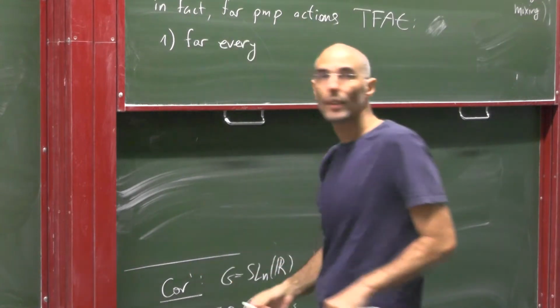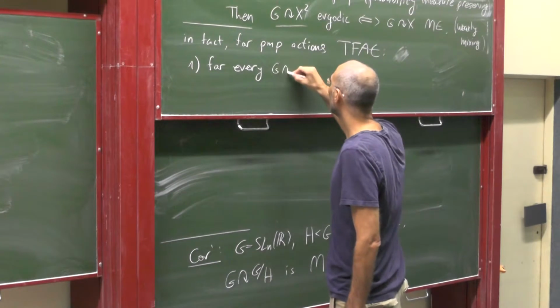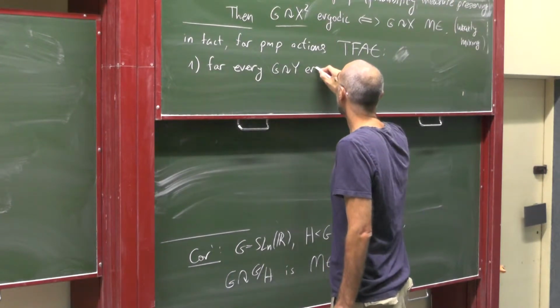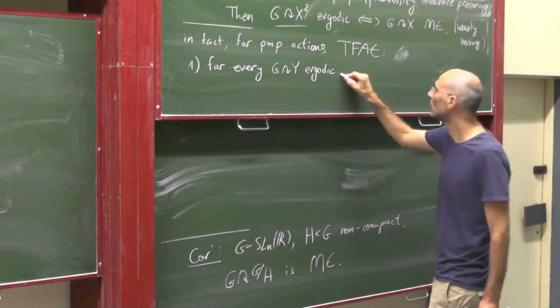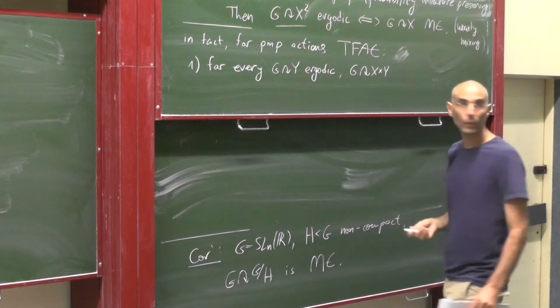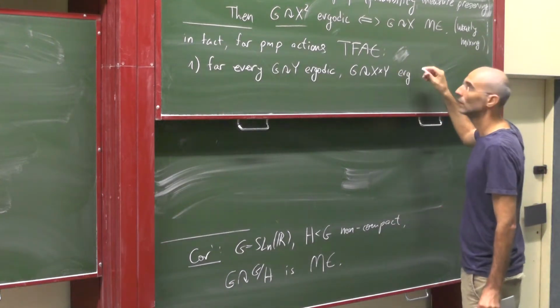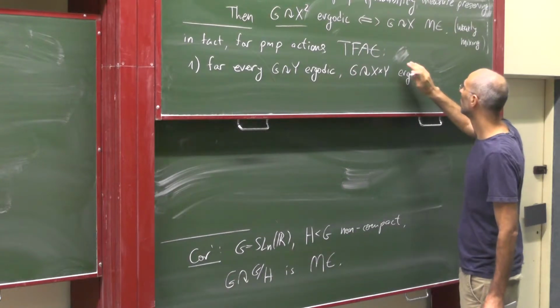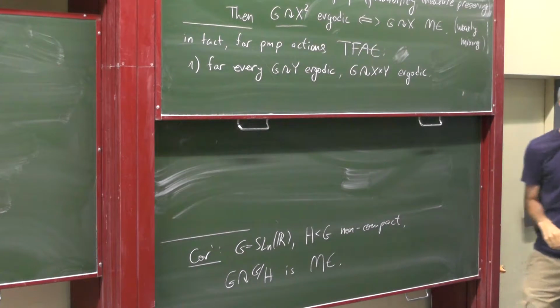This is the property that you may think of as stably ergodic. For every other ergodic action, the action on X times Y is ergodic. So this is stably ergodic.